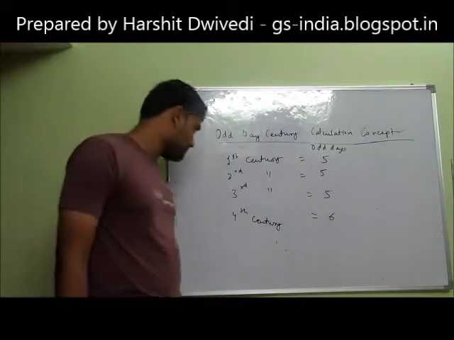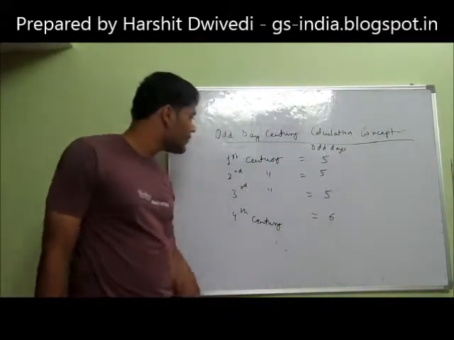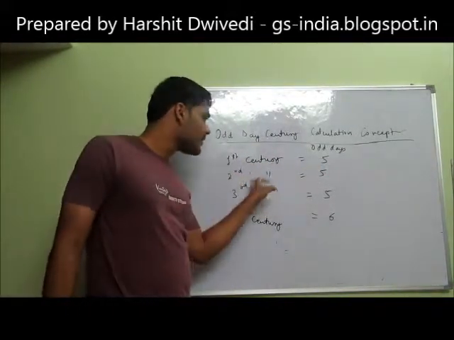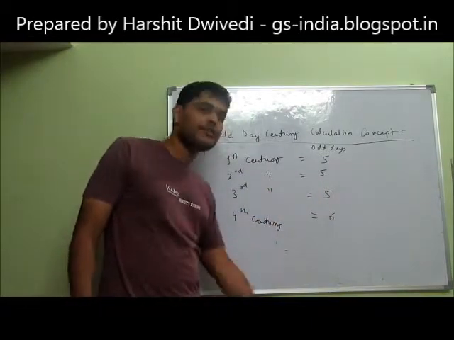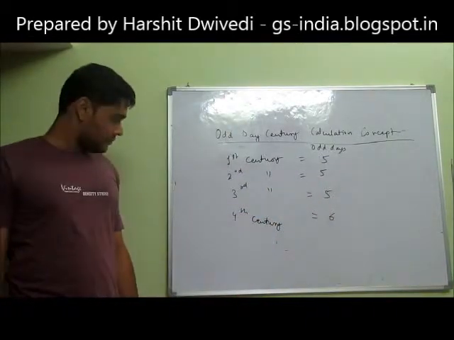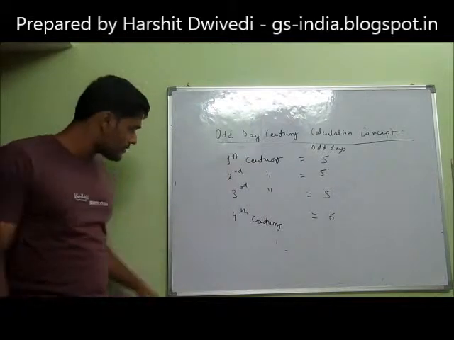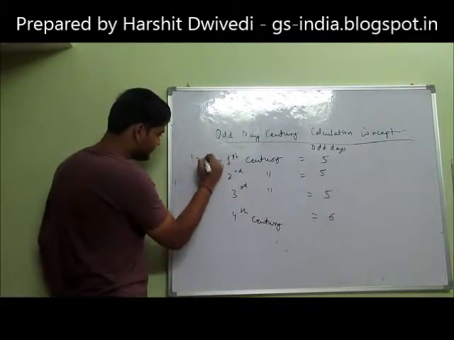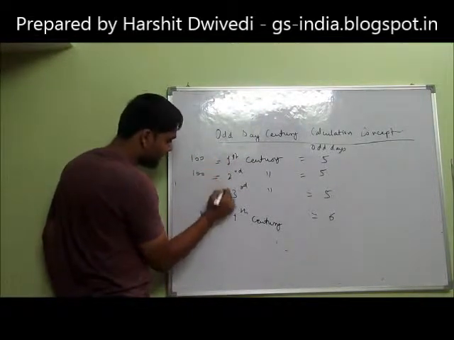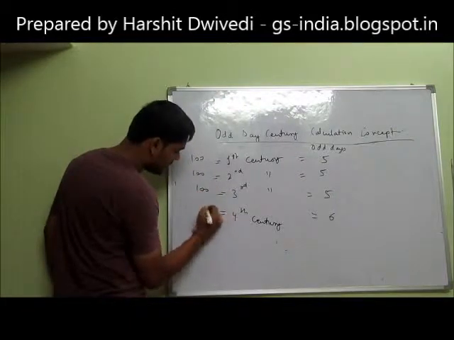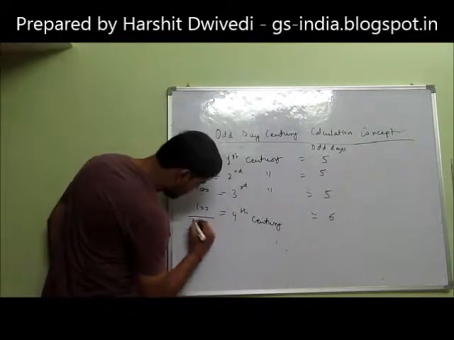Now, I told you the first century has 5 odd days, second 5, third 5, fourth 6. Each consists of 100 years, total 400 years.